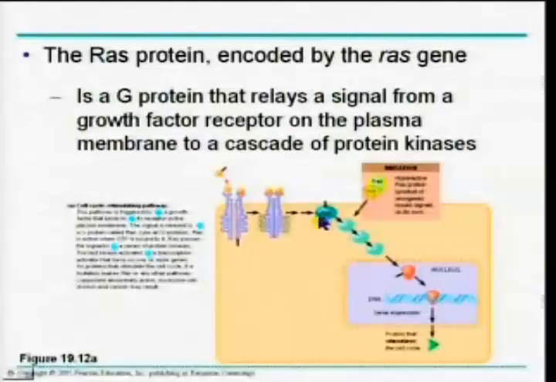So when it's regulated, you have regulated cellular division. When it is dysregulated, you have dysregulated cell division.